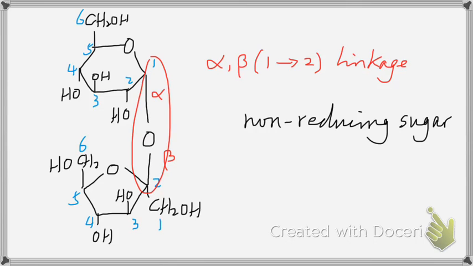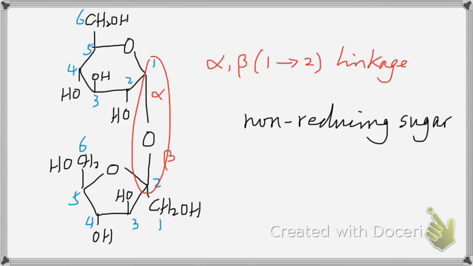In all the previous cases, the disaccharides, one anomeric carbon unit is used to make the glycosidic linkage, but the second unit will have a free OH on the anomeric carbon.